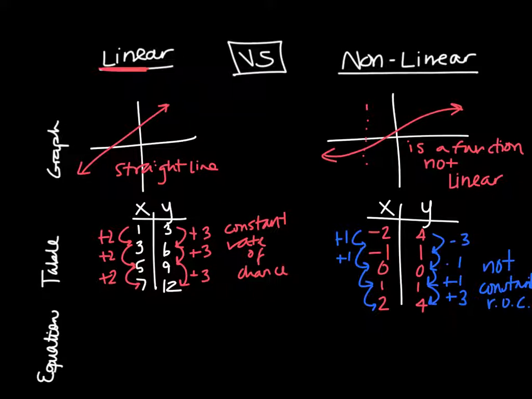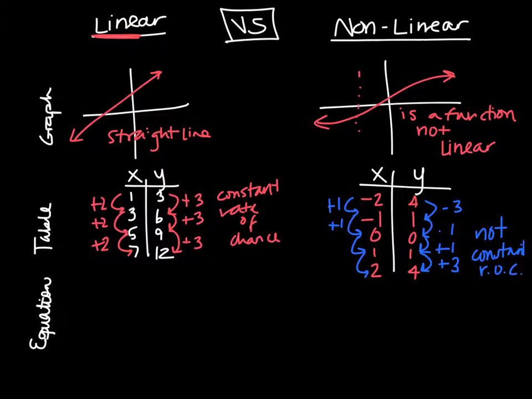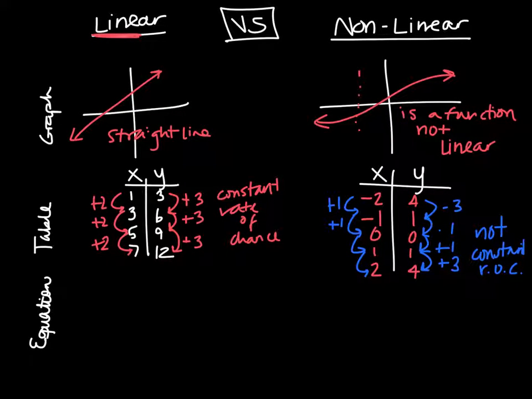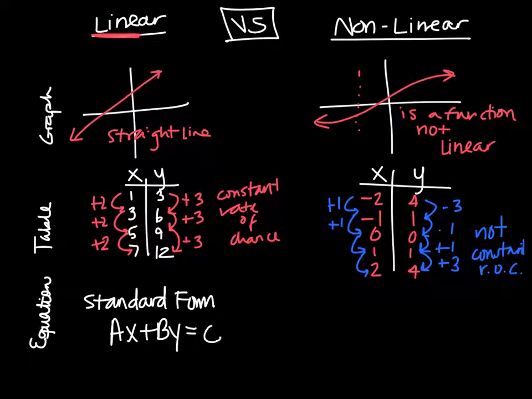And the equations, now this is where you want to take specific notes because you're going to have to be able to identify linear versus nonlinear from an equation. Linear equations in the standard form, so it's important that you know that this is standard form for a linear equation, is ax plus by equals c. And there are a few rules here that we need to know.